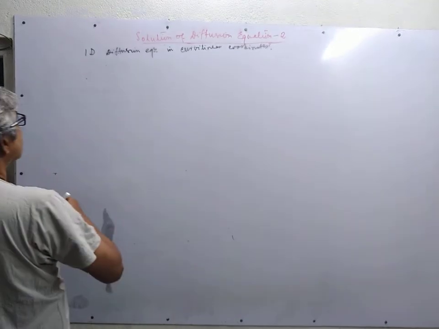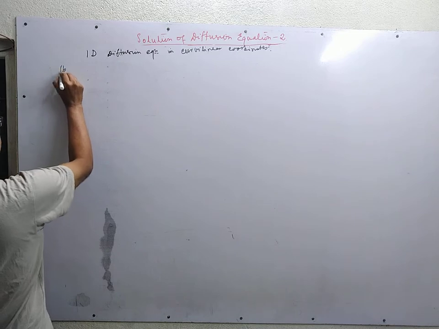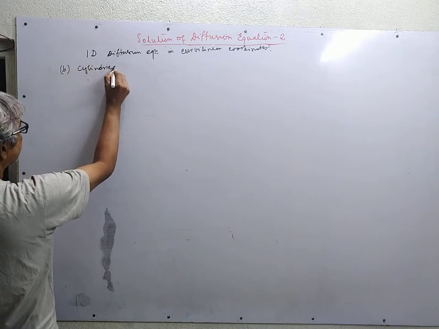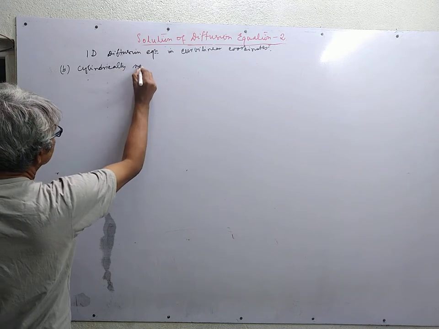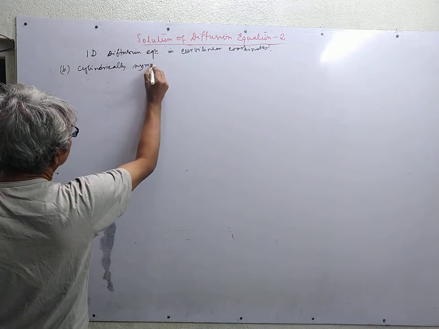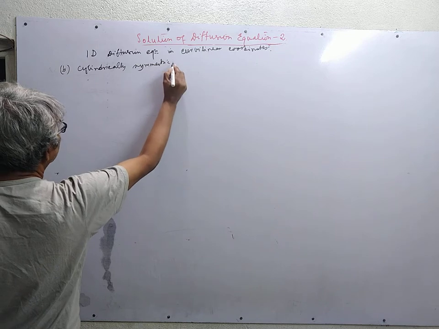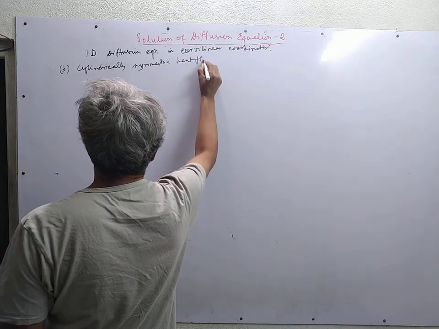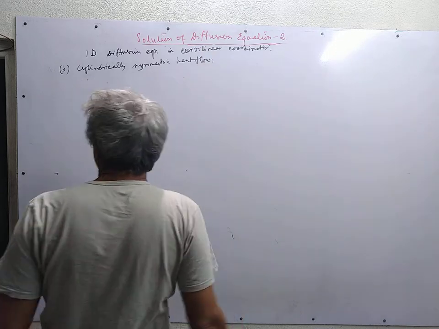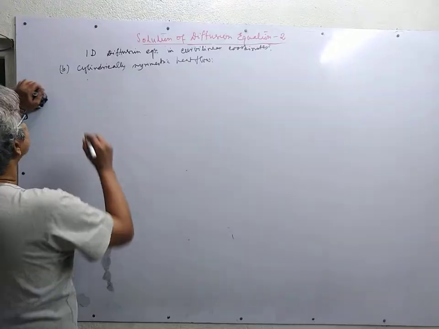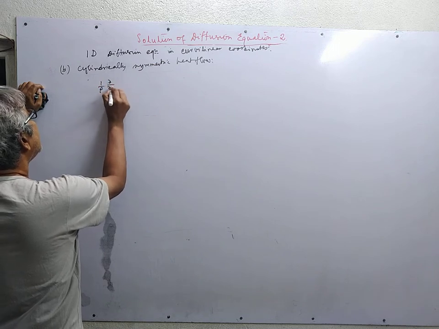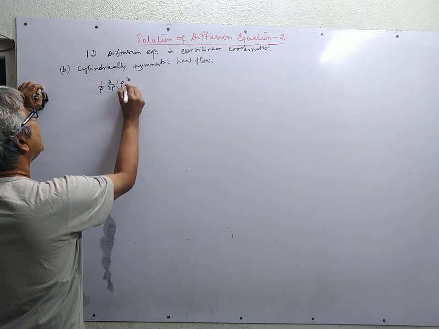So for cylindrically symmetric case, heat flow, here the diffusion equation reads as 1 by rho del del rho of rho del del rho.